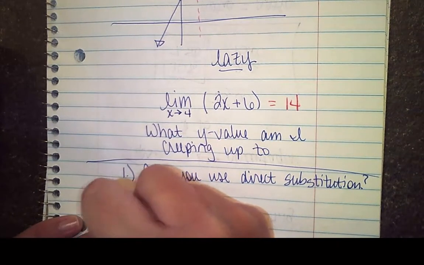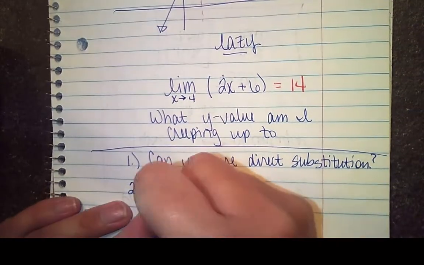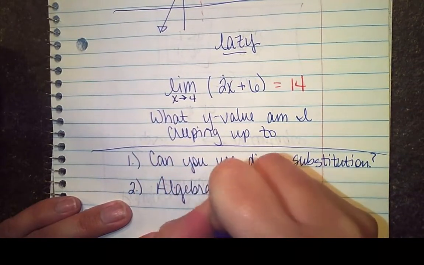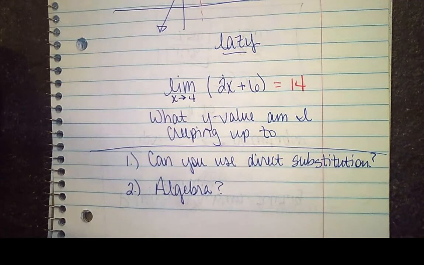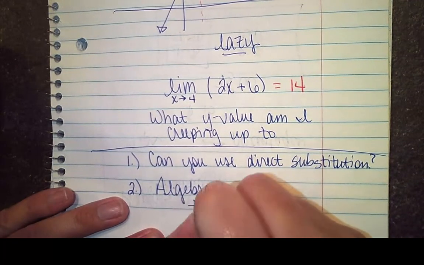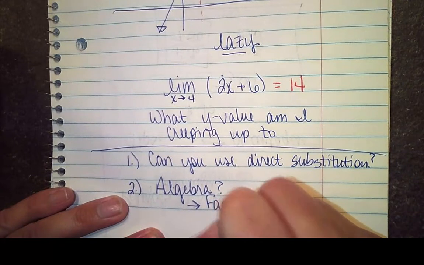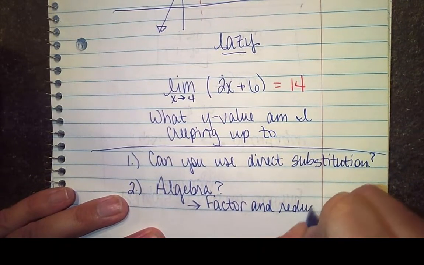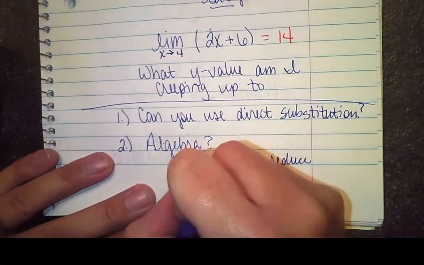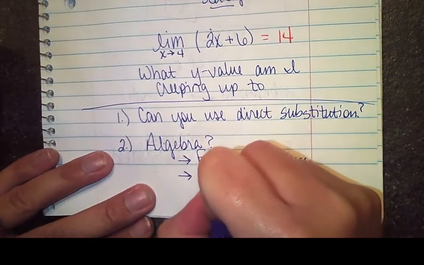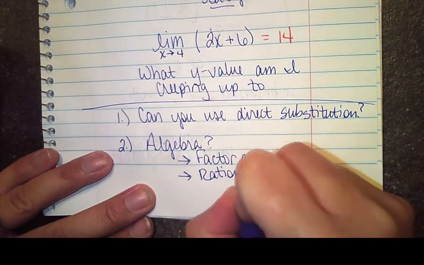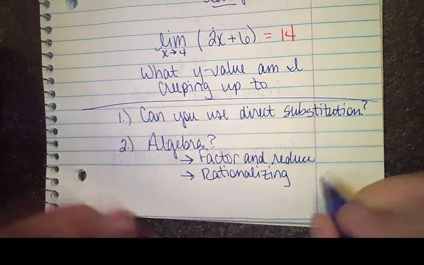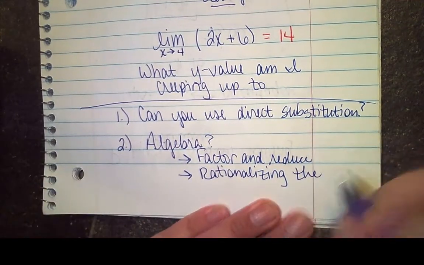Number 2 is, if I can't use direct substitution, can I use algebra somehow to make this thing work? One of the methods is going to be factor and reduce. Can I factor and then reduce it to see how to go from there? Another method might be rationalizing the numerator. I don't expect you to know what this stuff is right off the top of your head. I'm just giving you a little list.